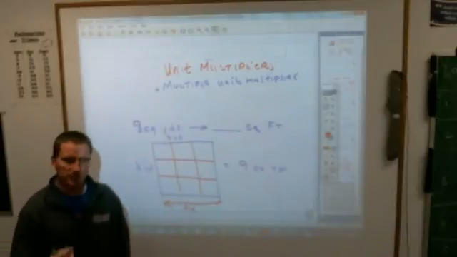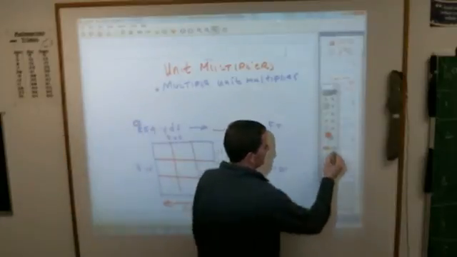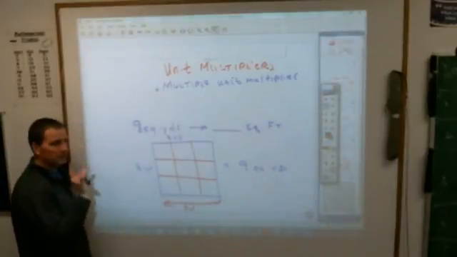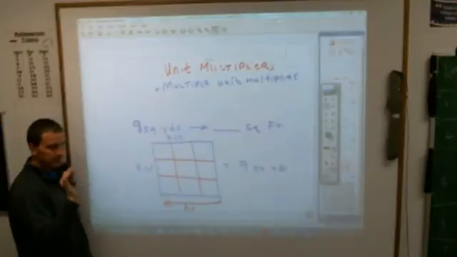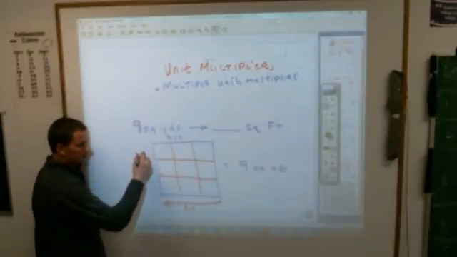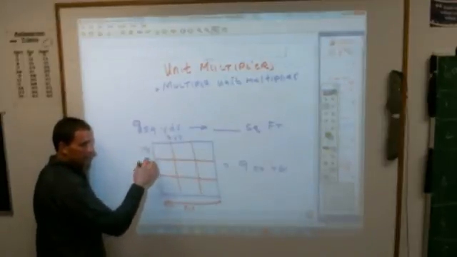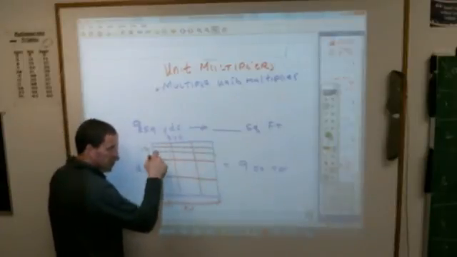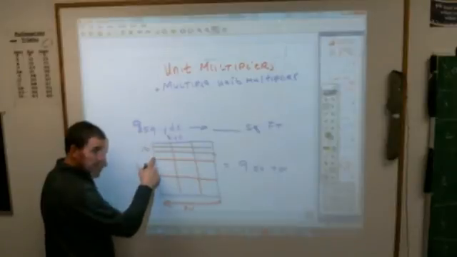Alright, here is what people fail to understand about this. How many feet are in 1 yard? 3, correct? So if this is 1 yard right here, I split this into 3 pieces, 1, 2, 3, and each one of those is a foot.